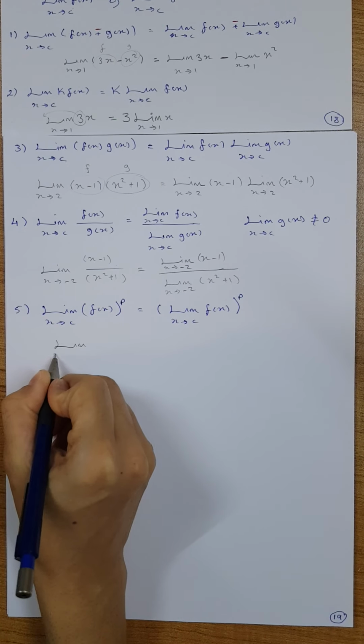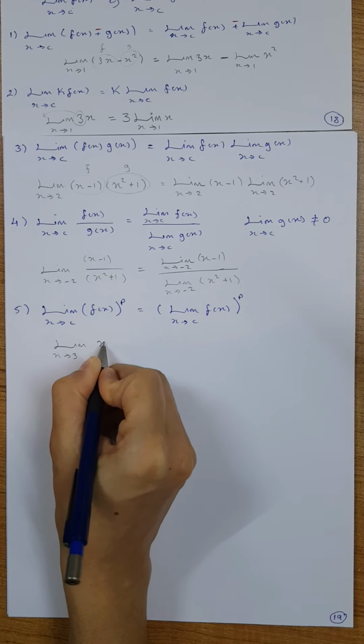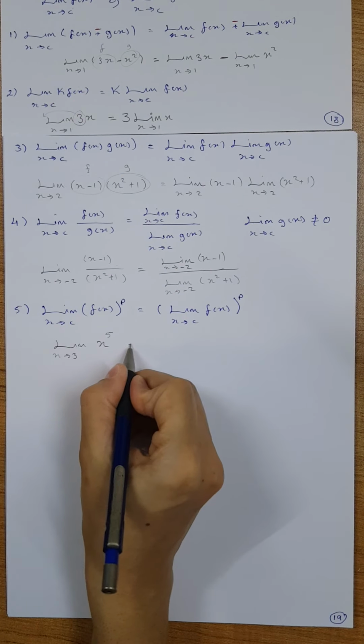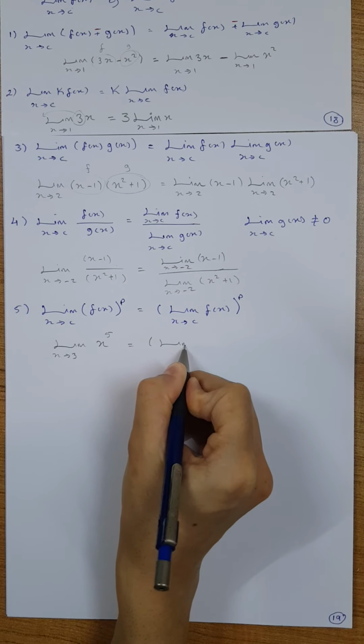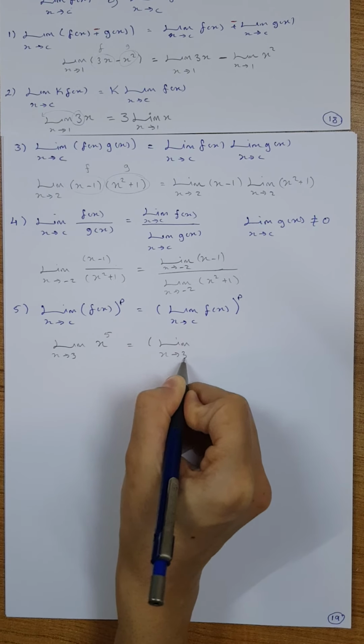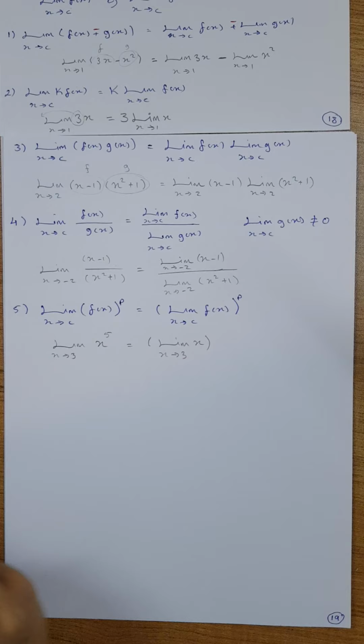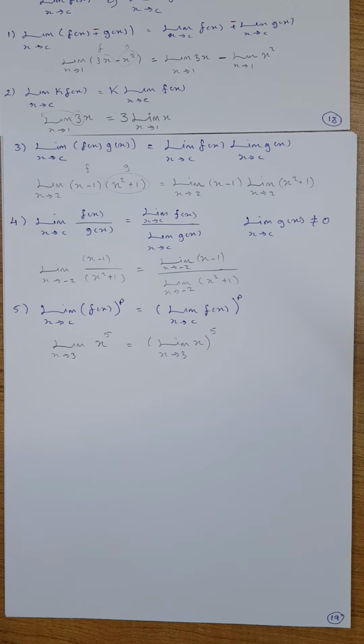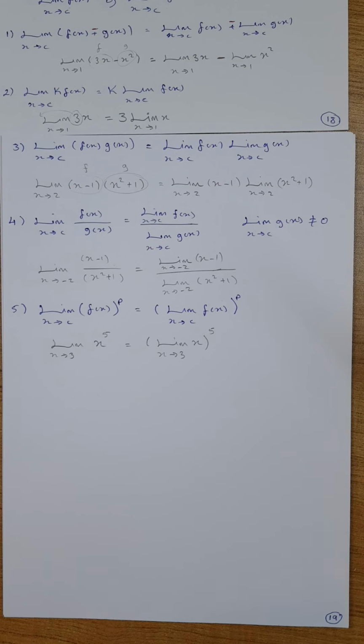Giving a simple example again: for example, if I have x to the power of 5, how can I calculate this one in general? I can say that that's the limit of x as x approaches 3, all to the power of 5. So I can give that power to all of them. It still gives me the same result, it makes no difference.